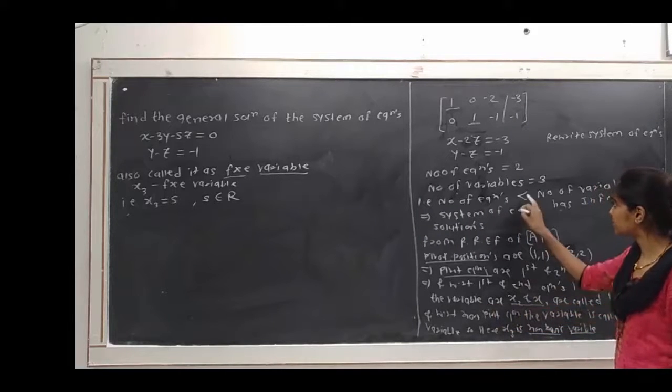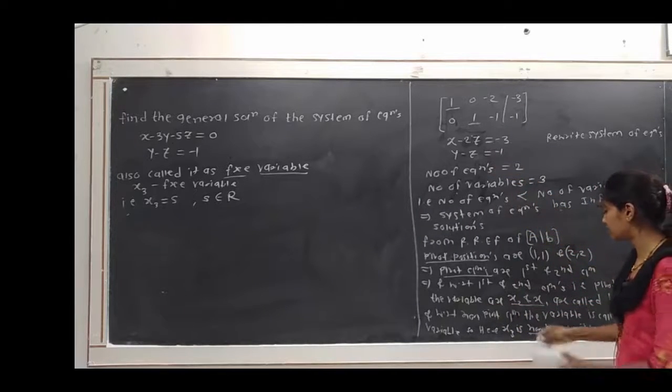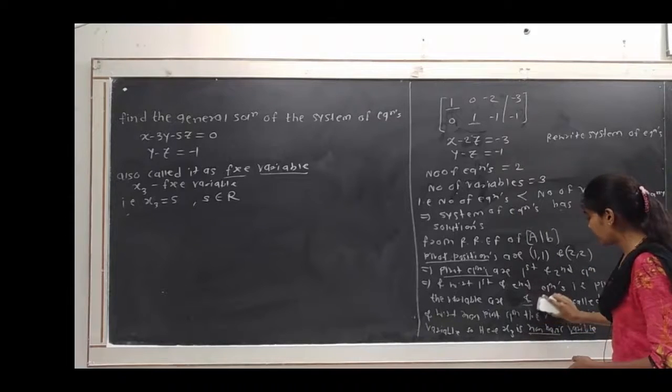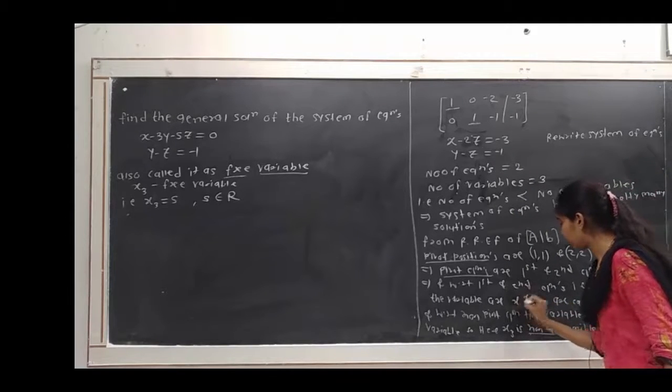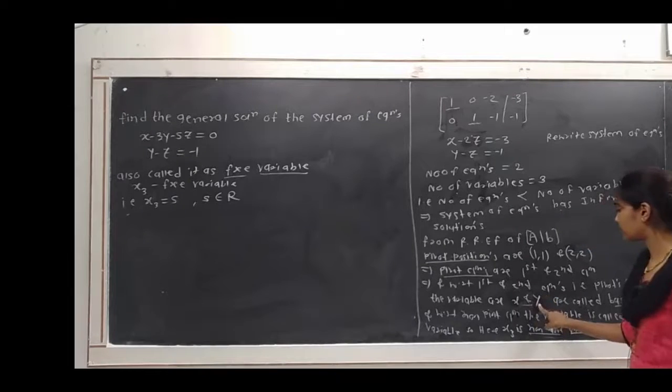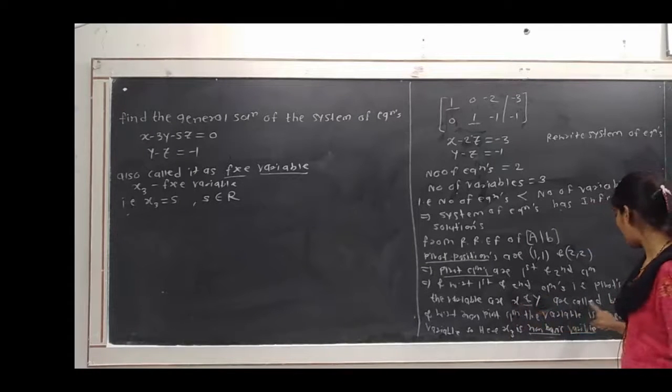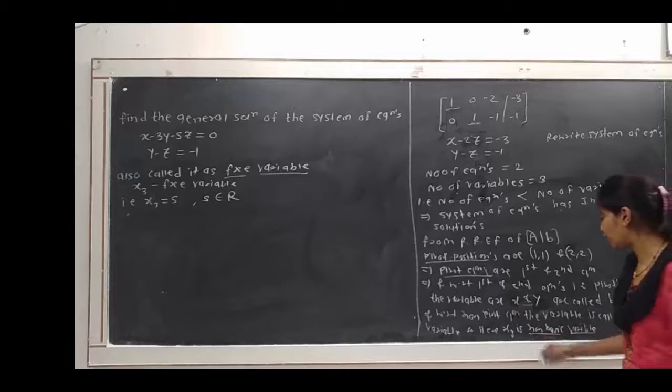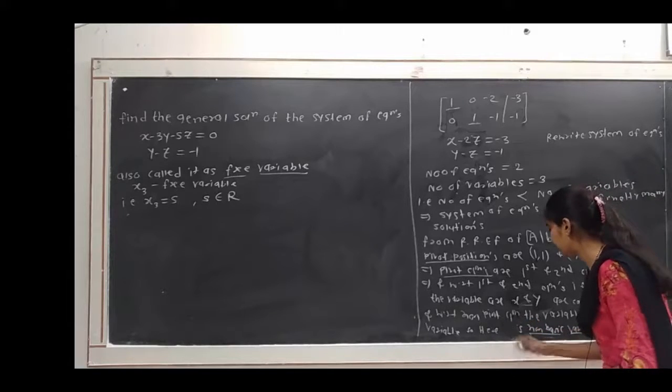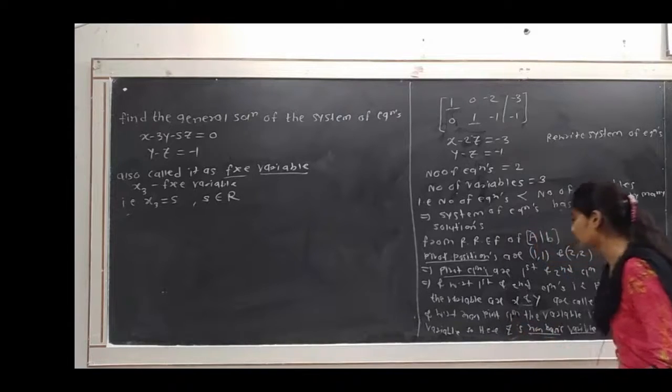The variables with respect to this system will be x and y, not x1 and x2. Here we consider the variables x and y as the basic variables, and the non-basic variable, that is the third variable, will be z with respect to the third column.